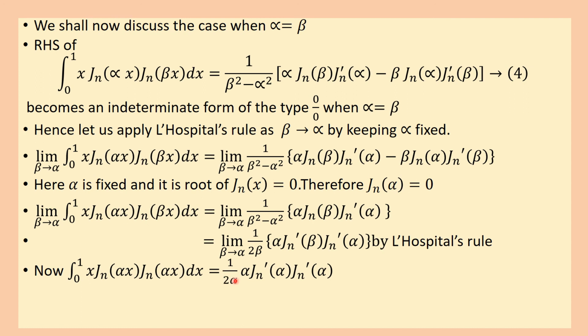So in the denominator beta becomes alpha, and in the numerator alpha into Jn dash of alpha, because beta replaced by alpha, Jn dash of alpha. Which means integral 0 to 1 x Jn square alpha x dx equal to 1 by 2 Jn dash of alpha whole square. This is the case when alpha equal to beta. So this is the orthogonal property.